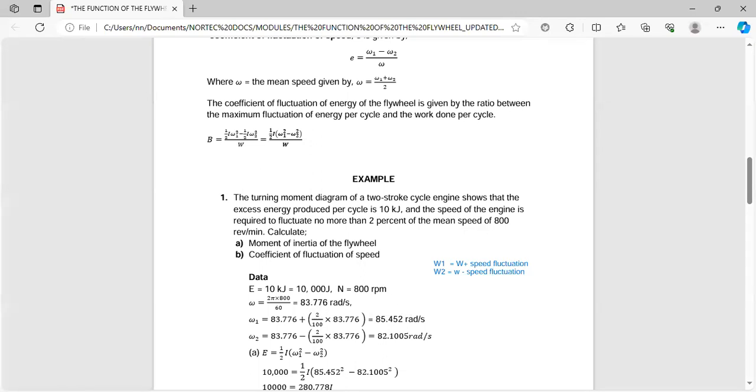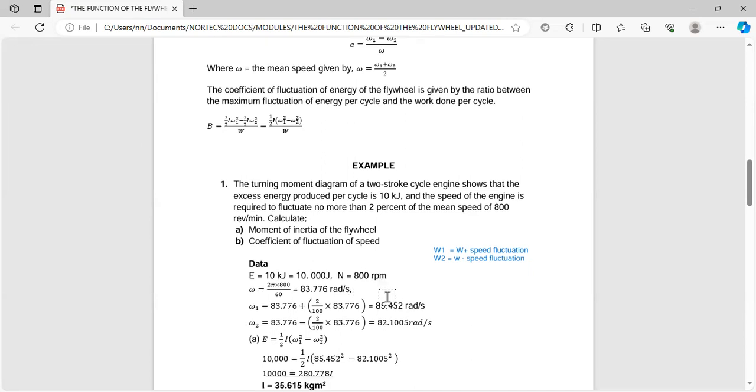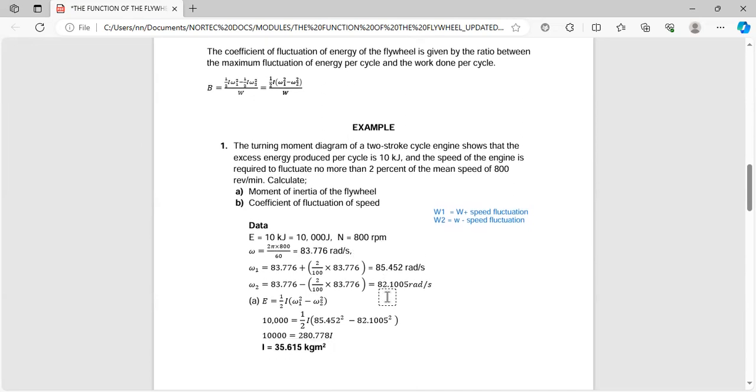If you look at our working, we have already established that the fluctuation of energy is 10 kilojoules. When you convert this 10 kilojoules to joules, you just multiply by 1,000, then you have 10,000 joules. The mean speed is 800 revolutions per minute. So all you do is convert this 800 to radians per second.